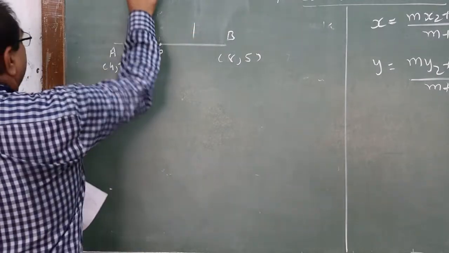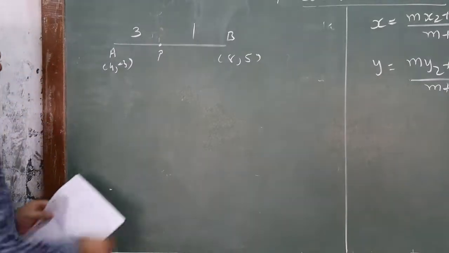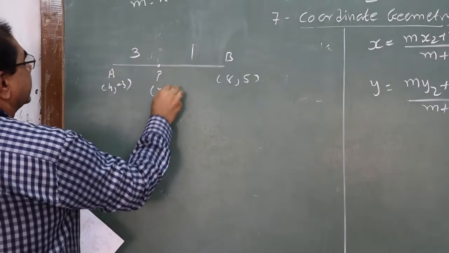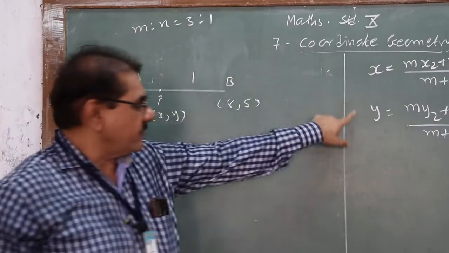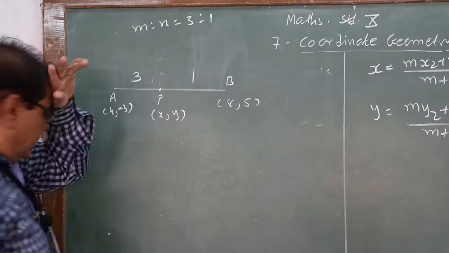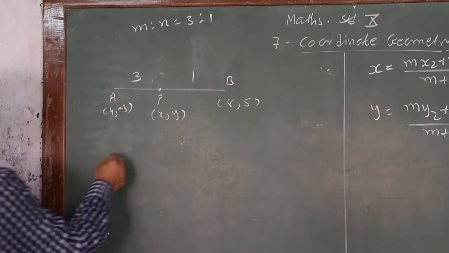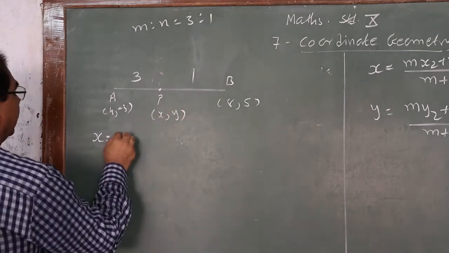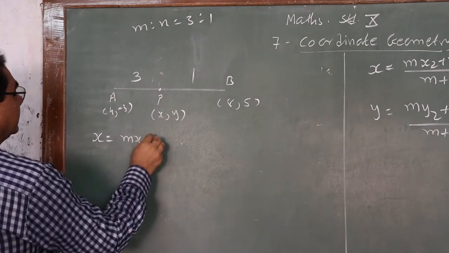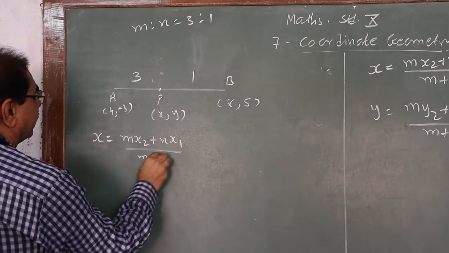So here you are given m:n is equal to 3:1. Then what are the coordinates of this point P, meaning x and y? Using this formula you have to find out. Once you know the formula, it is very easy to understand. x is equal to, I write the formula, mx2 plus nx1 whole upon m plus n.